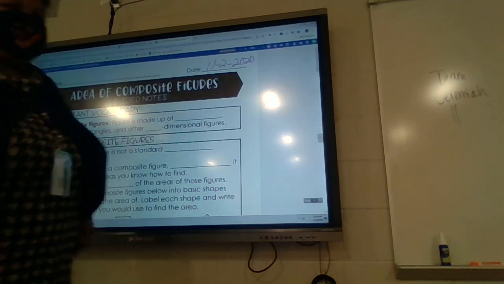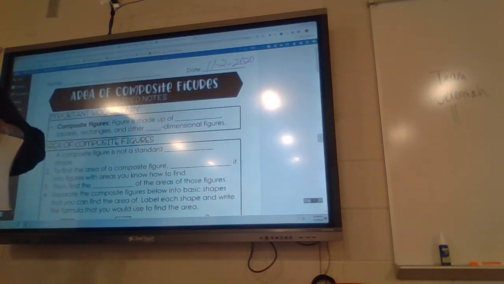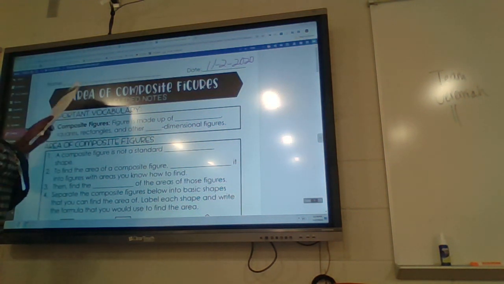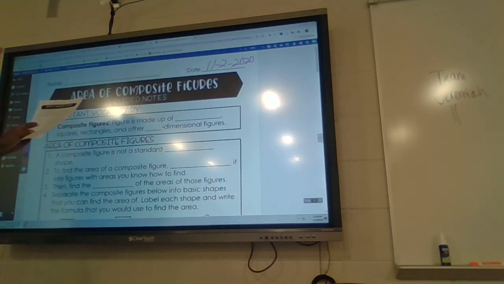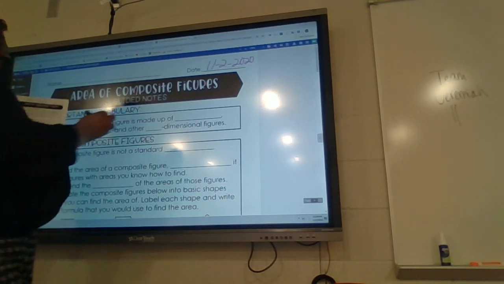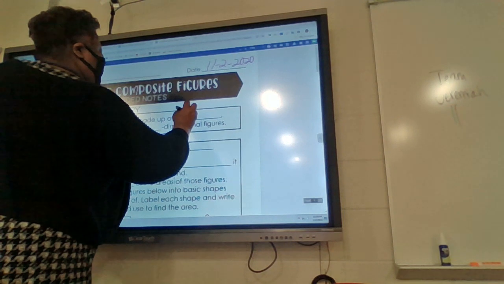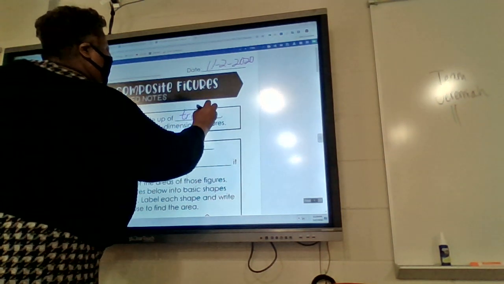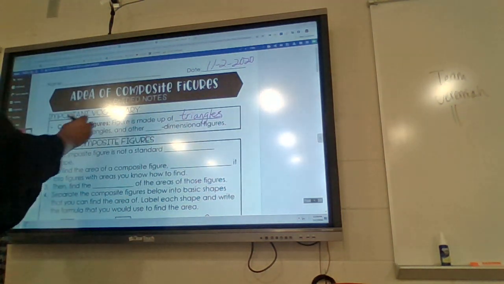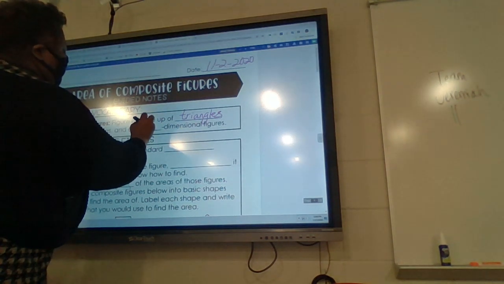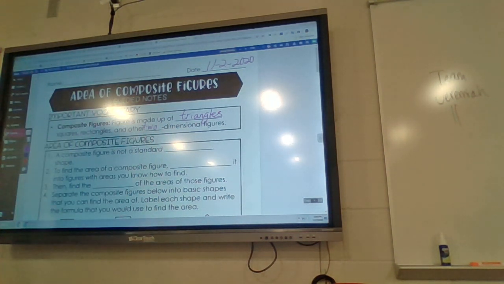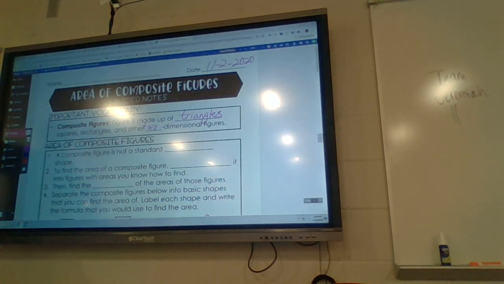Okay. Composite figures. Remember the other day we learned that the word composite meant something that was made up of a lot of different parts, right? So in terms of composite figures, the figure is made up of triangles. That's what you want to write in that block. Squares and other two-dimensional figures. So a composite figure is made up of triangles, squares, rectangles.